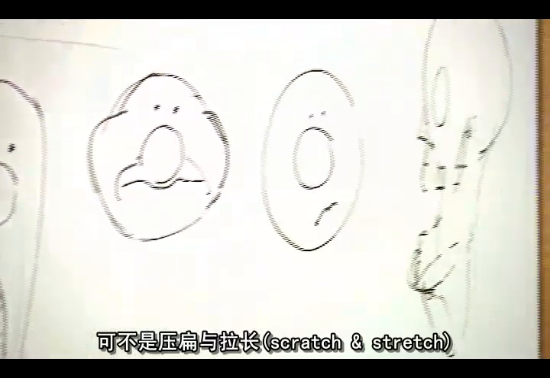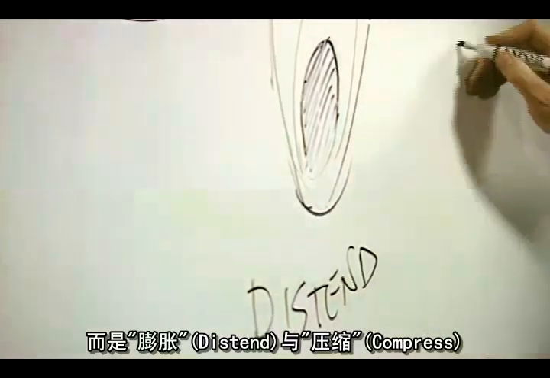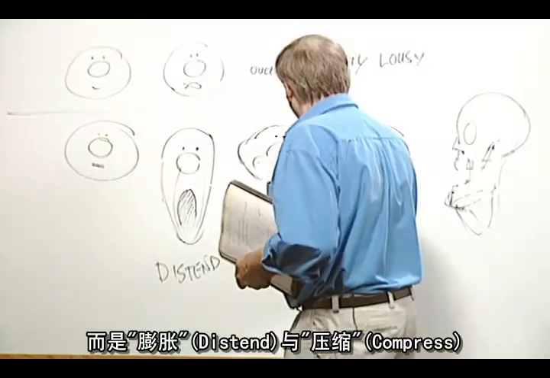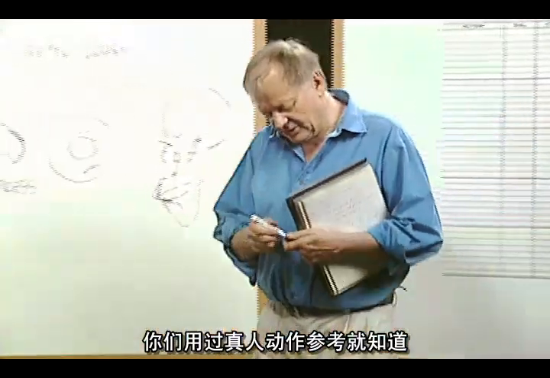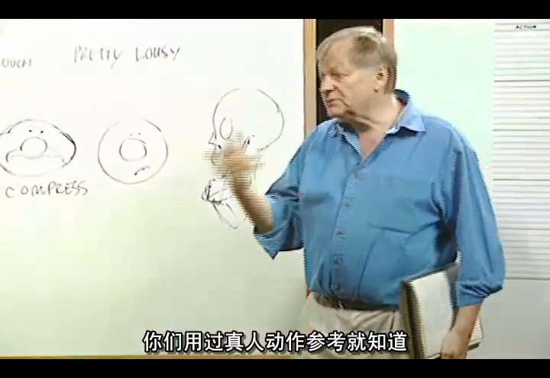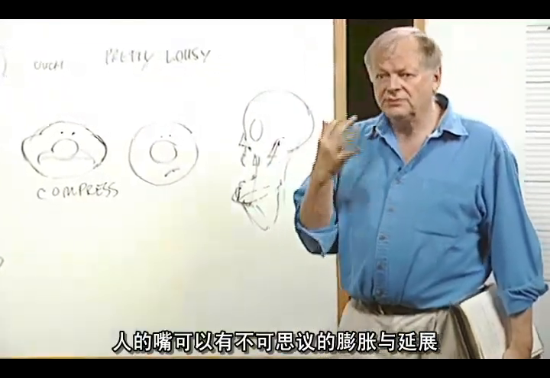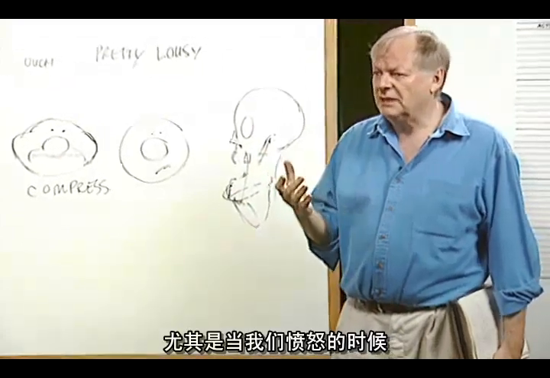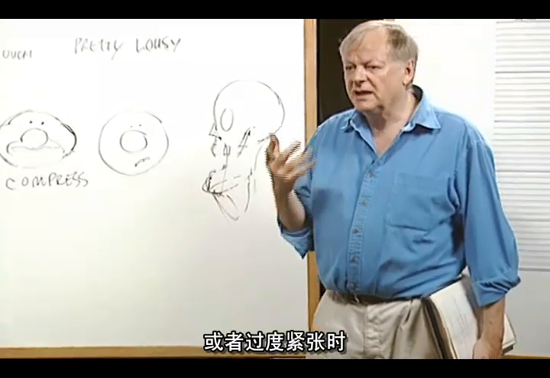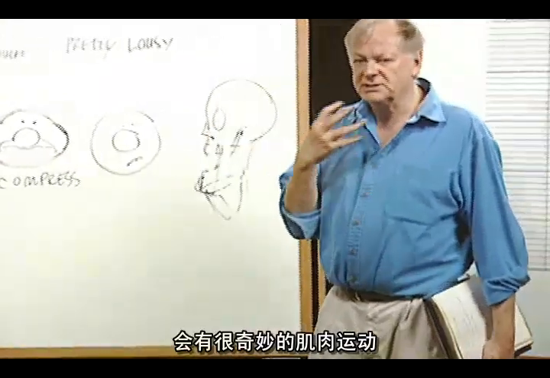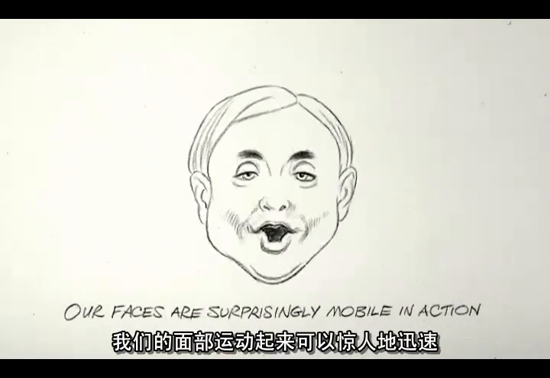It's not squash and stretch, it's distend. Distend and compress. So if you study live action videos, there's an incredible amount of distortion on the human mouth, especially when somebody's angry or volatile, there's quite strange things going on. Our faces are surprisingly mobile in action.